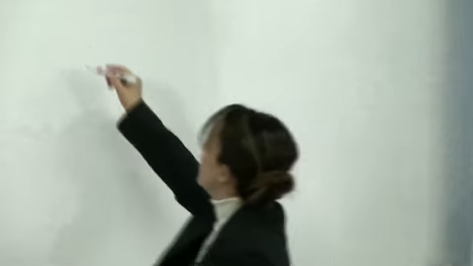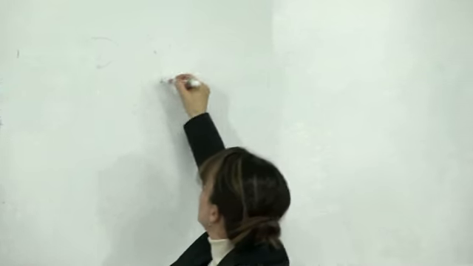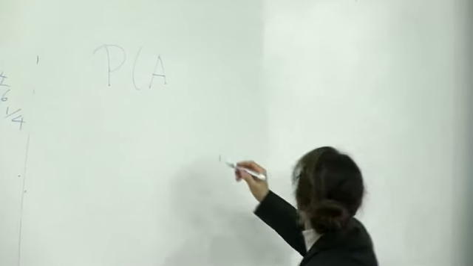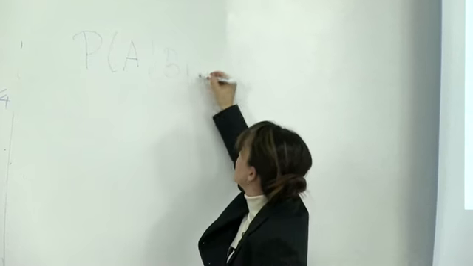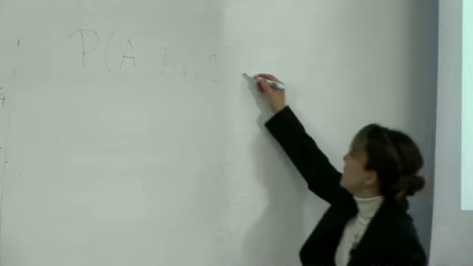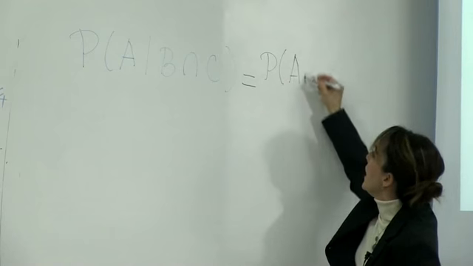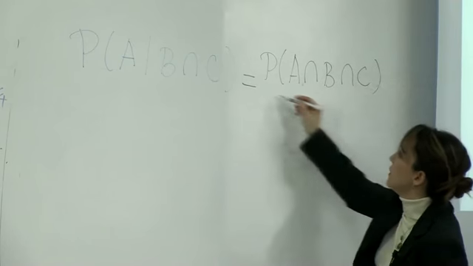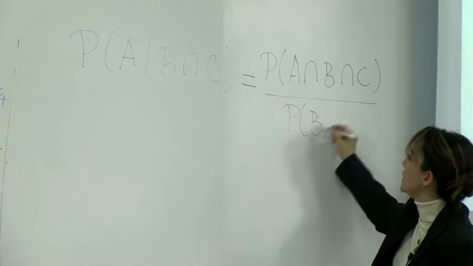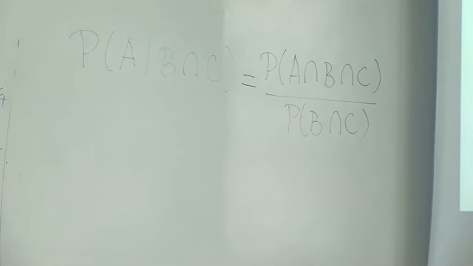So let me pick a marker. P of A given B and C. To do anything with this, we could rewrite this using the definition of conditional probability. This is the probability of A and B and C divided by the probability of B and C. What's next?